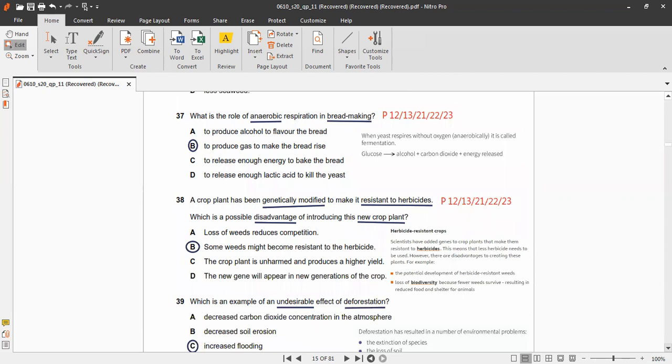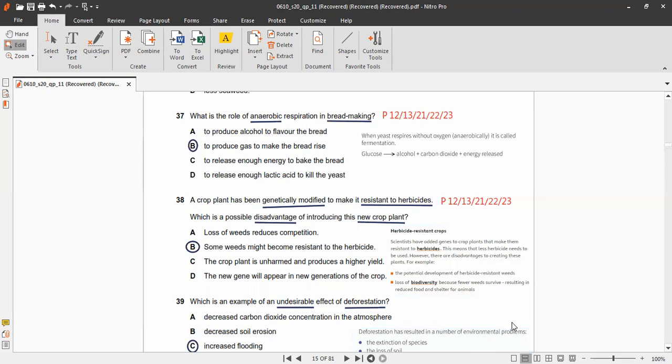A crop plant has been genetically modified to make it resistant to herbicides. Which is a possible disadvantage of introducing the new crop plant? Yes, some weeds might become resistant to the herbicide, because here, in herbicide resistant crops, scientists have added genes to crop plants that make them resistant to herbicides.